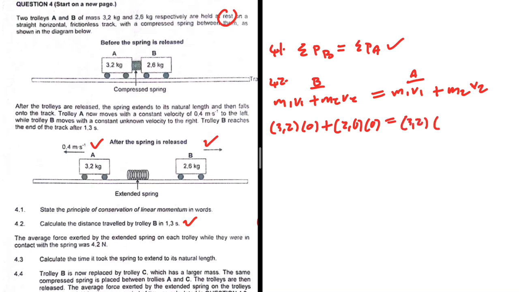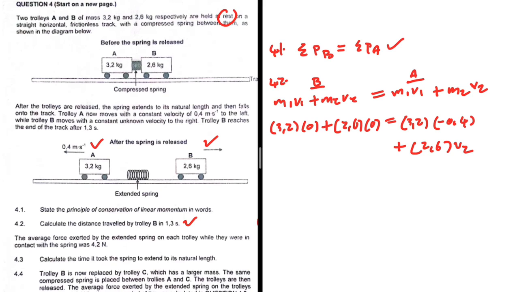For velocity, let's take the direction to the right as positive, so to the left is negative. So we're going to have minus 0.4 plus 2.6 V2. V2 is what we are interested in. So let's leave that like that.